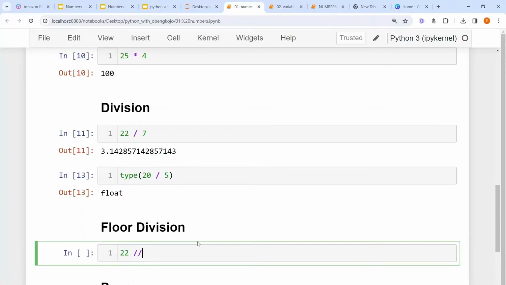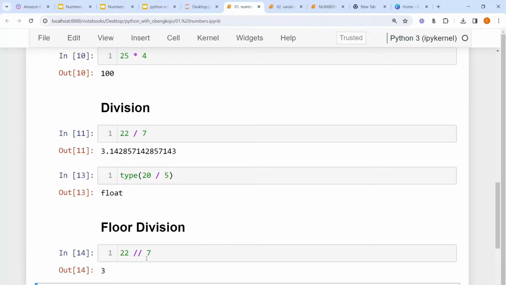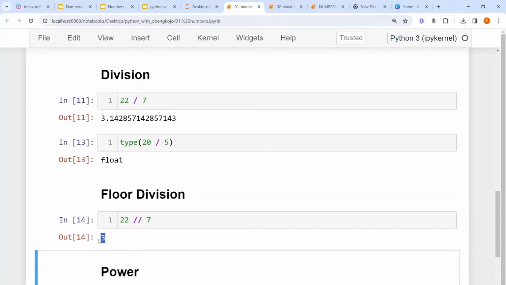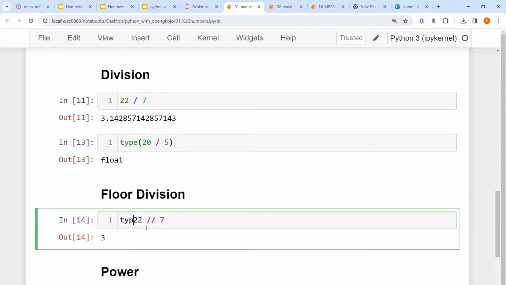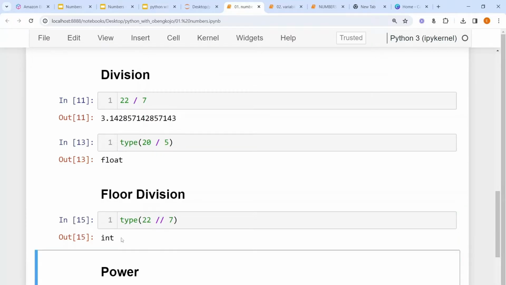We use the same division sign twice. So 22 divided by 7. If I run this, I'm going to get just the whole number part of it. So the difference is that division would bring you the whole number part and the decimal part, while floor division will only return the whole number part. If we check the type of that, we run that and we get an integer.